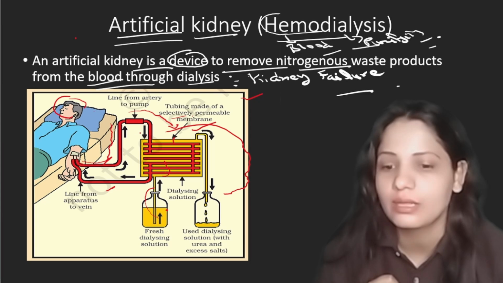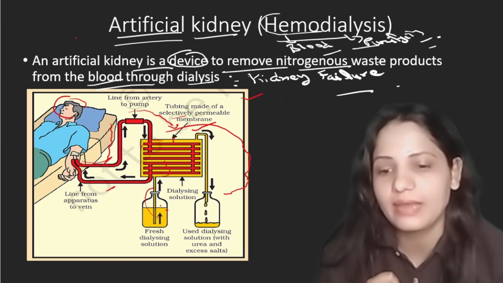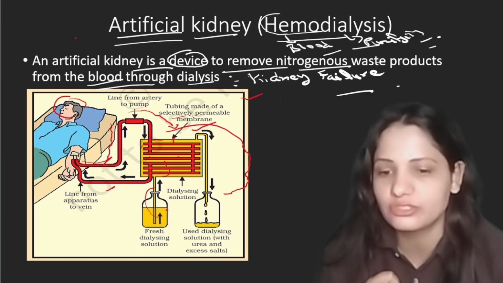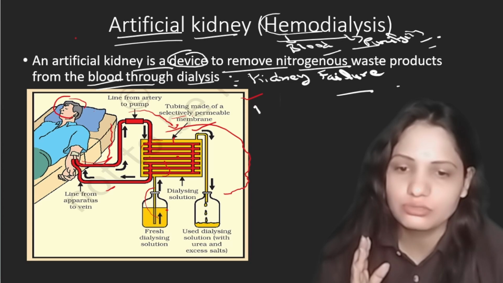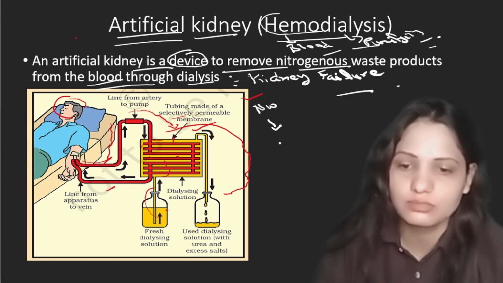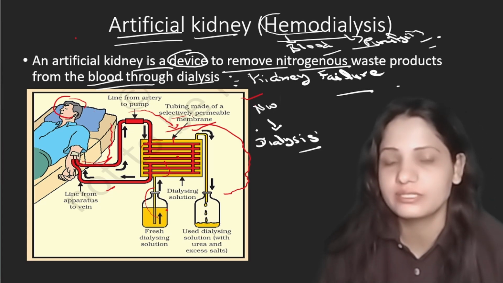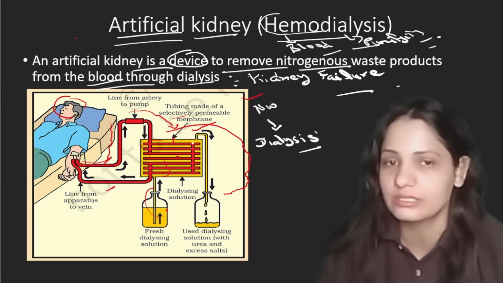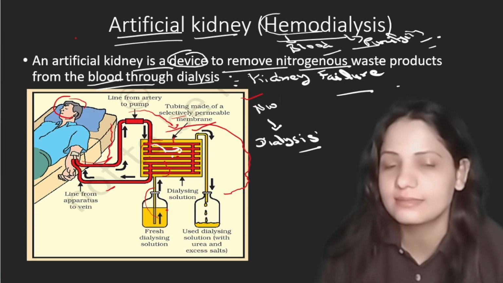This nitrogenous waste we have to remove through the semi-permeable membrane. So as the blood enters this chamber with the semi-permeable membrane, and we have this solution inside the chamber as well, the nitrogenous waste is transferred into the dialysis fluid. As the dialysis fluid doesn't contain any nitrogenous waste, the waste from the blood is transferred into the dialysis fluid.